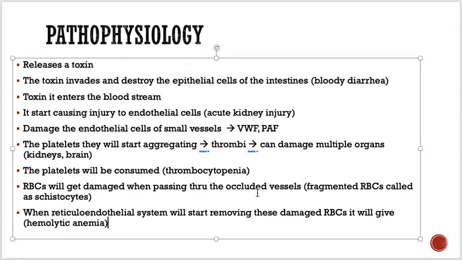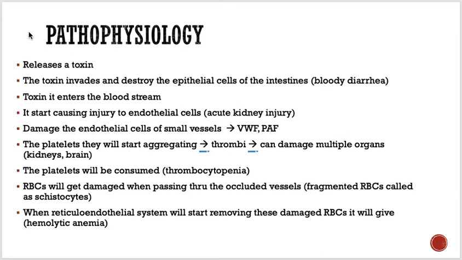Okay, so this is all that is going on, and if you can understand this, see guys, the toxin which is released in the intestines is the one which has caused bloody diarrhea. It is the one which has caused organ damage, especially acute renal failure or acute kidney injury.